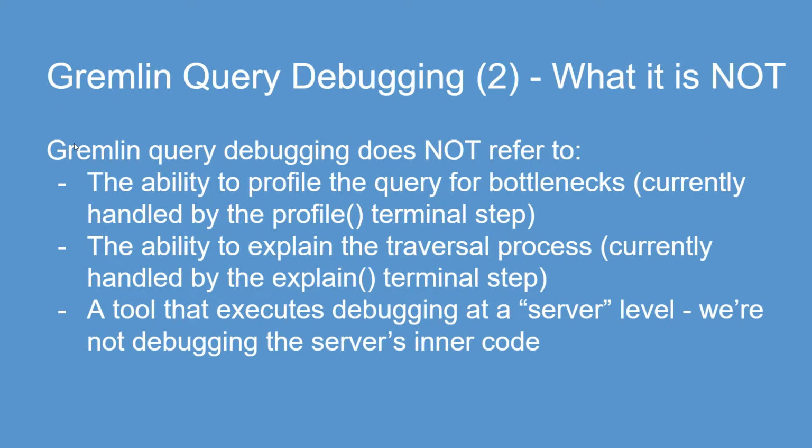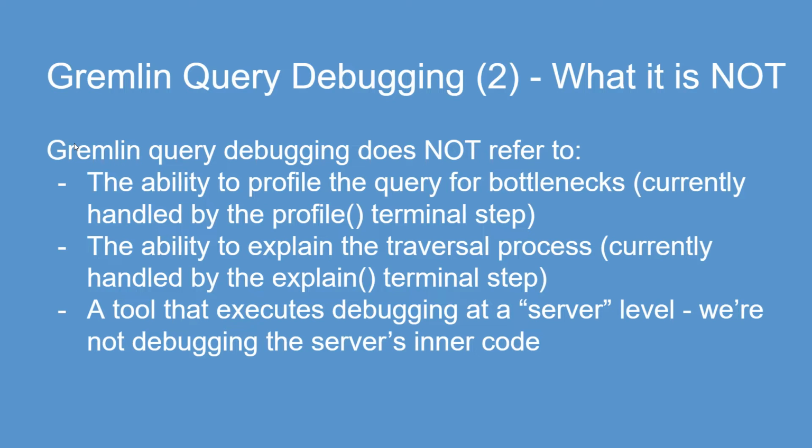Now, that's what it is, and I want to talk really quickly about what it's not, because when we talk about query debugging, we normally think of something slightly different. If we go back to other languages such as SQL, we might be thinking about profiling or trying to find bottlenecks, and this is not what this functionality is. Very briefly, when it comes to profiling, there's already a step within Gremlin for this, for explaining the traversal process, which is a concept a bit more unique to Gremlin.